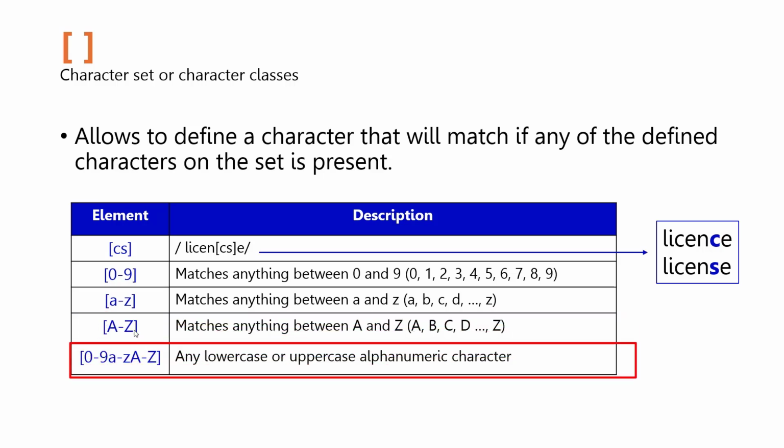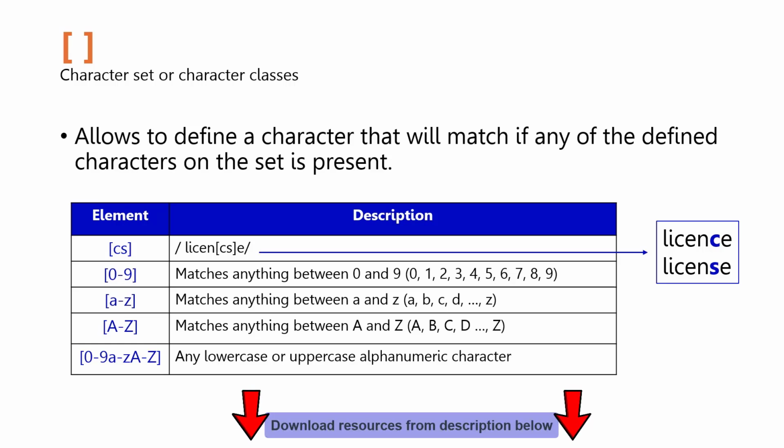And if we want all lowercase, uppercase and also numbers, then we can define all the ranges in this order: 0 to 9, a to z, which is lowercase, and capital A to Z. Likewise, we can use this set of characters to define what kind of characters you want to be matched in that particular range.